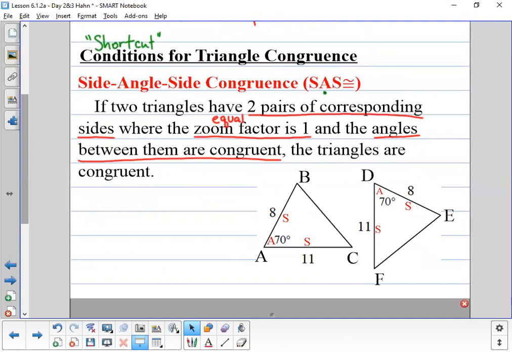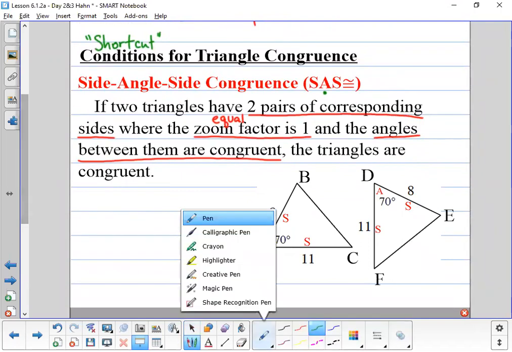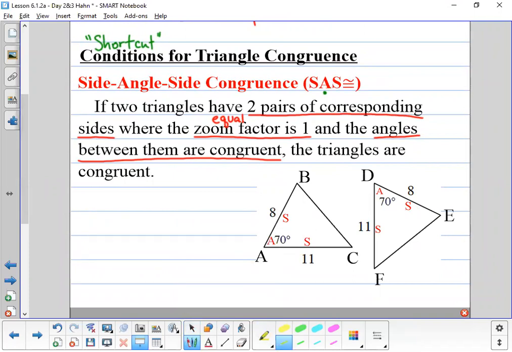Here we have a diagram to show what I'm talking about. I like using highlighting to kind of match up my sides and my angles. So I'm going to do that. So I see that side length AB has a length of 8. So it is going to correspond with DE, which also has a length of 8.